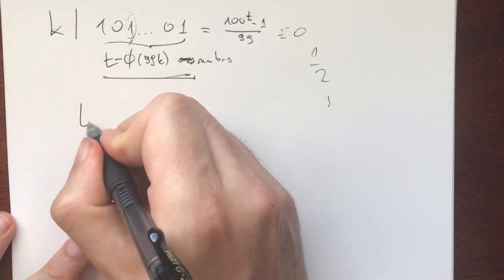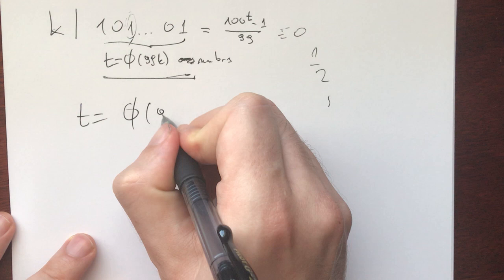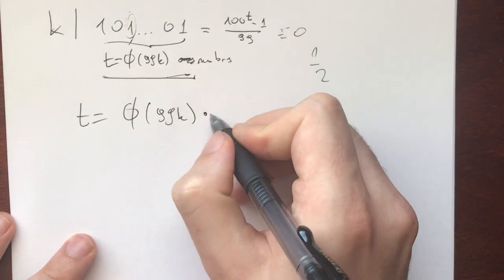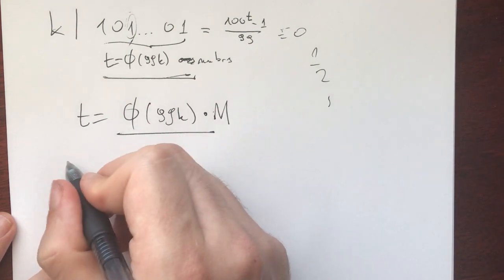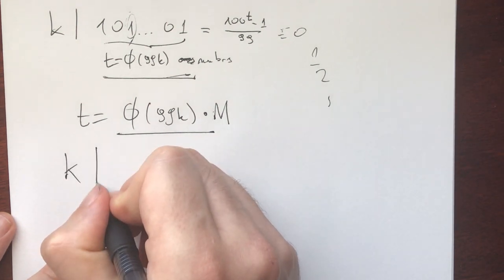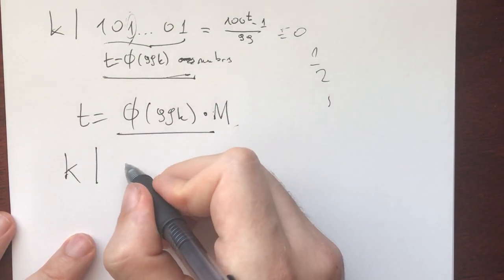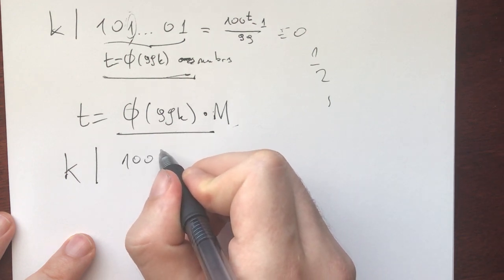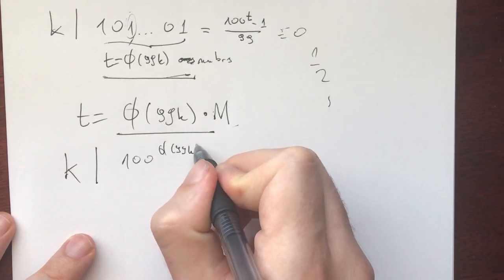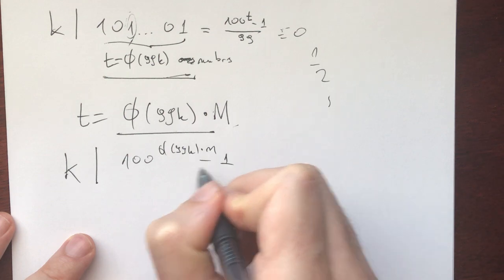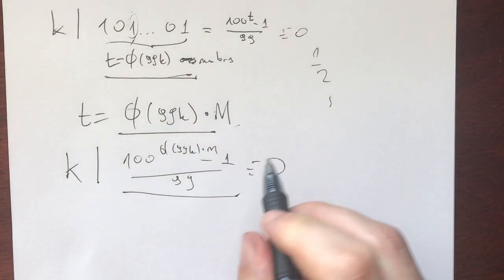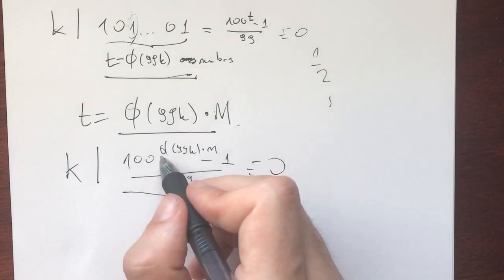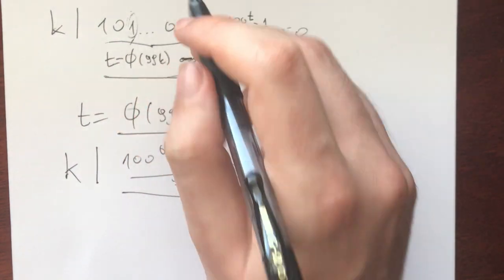If we write t as phi of 99k times some number, say m, this number is still divisible by k. Because k divides 100 to the power of phi 99k times m minus 1 over 99. So we're still good. This is still 0. And now, to this number, we can maybe switch some of the ones.